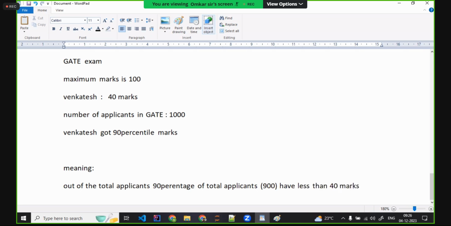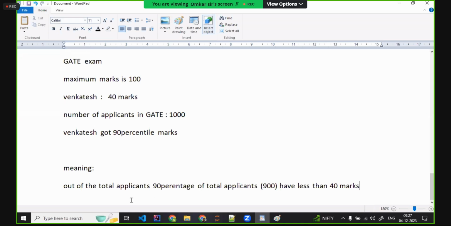That is the meaning. He got fewer marks, but his percentile is 90. It means 90% of people have less than 40 marks, which means the paper is tough. That is the meaning of percentile.